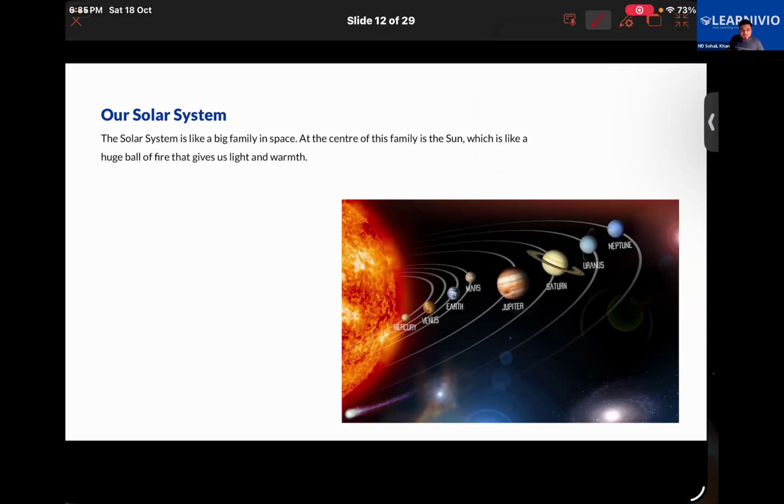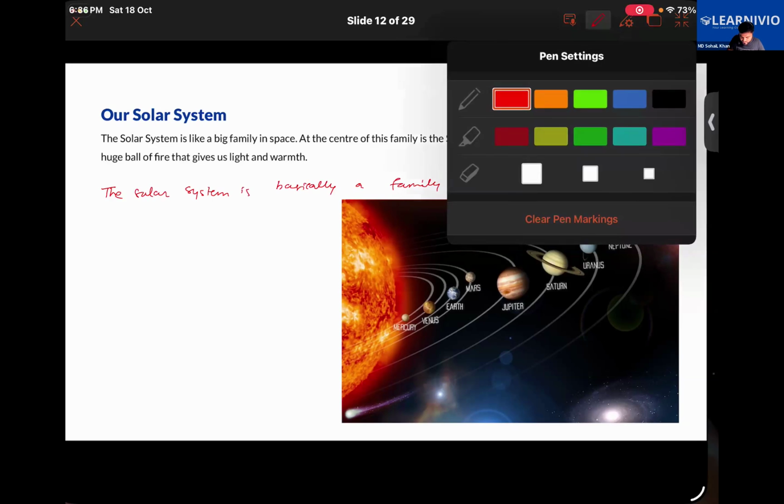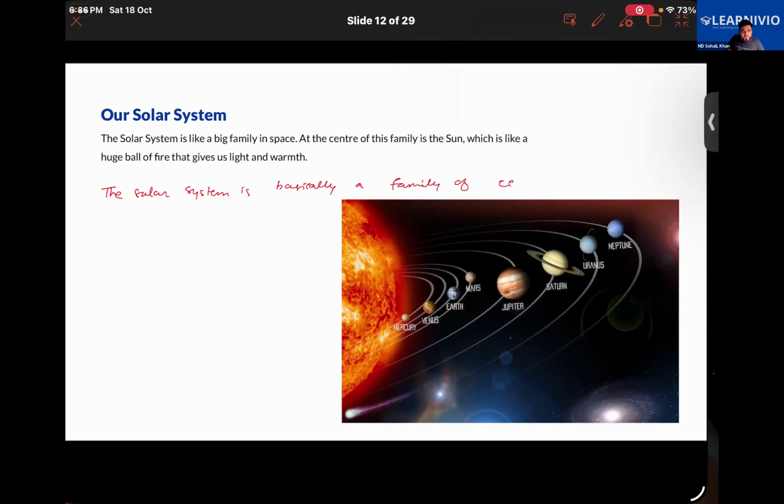The solar system is basically a family of celestial objects that are orbiting around the sun, which is at the center.